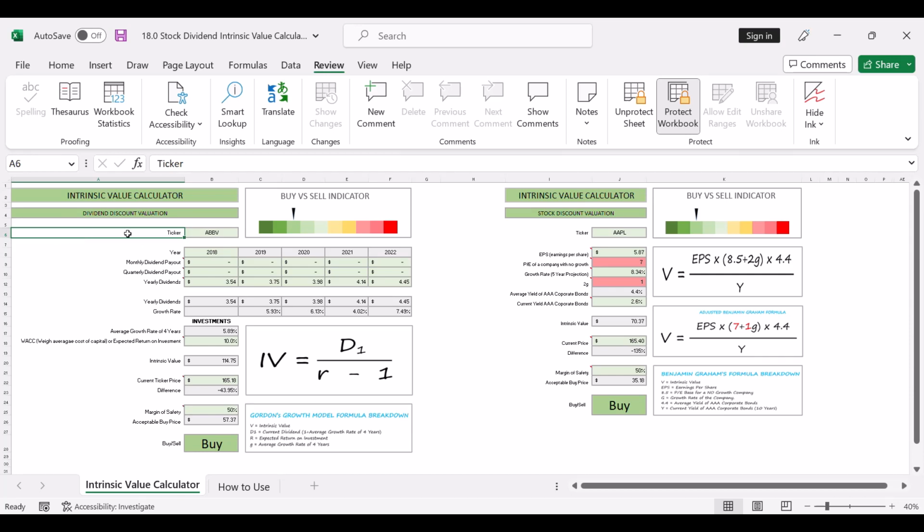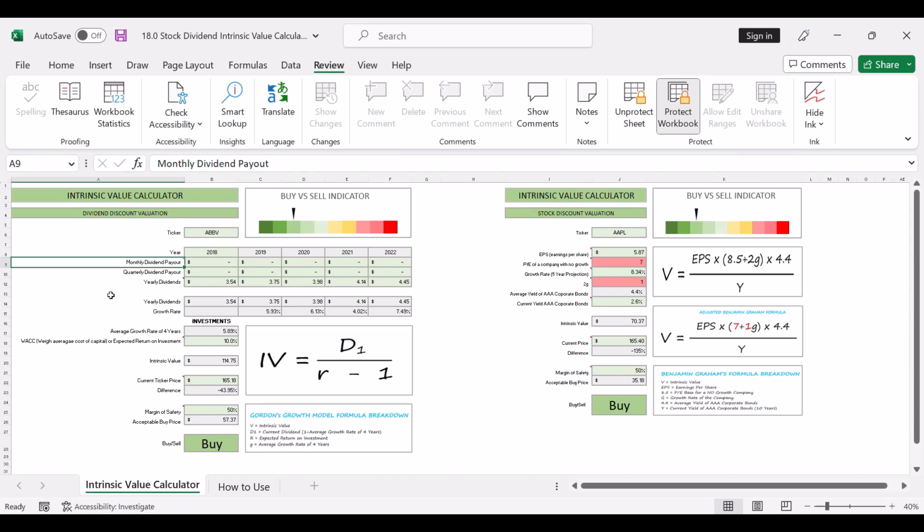So let's look at ABBV. I already input all the dividend payouts for the year. Why, you might ask, do we need that? Because it's going to get the average of the yearly dividends so that you can compute it using a formula. Some of the cells have notes to help you input data, telling you where what data goes.